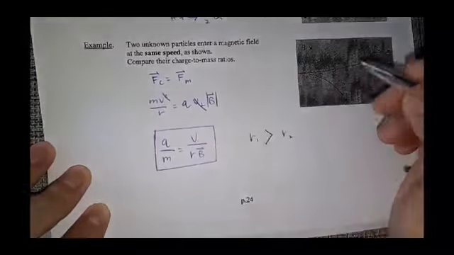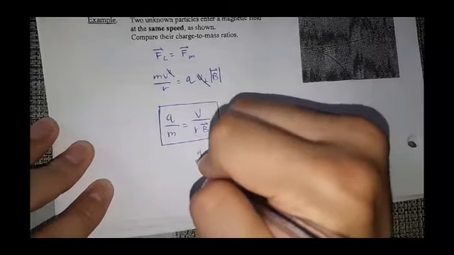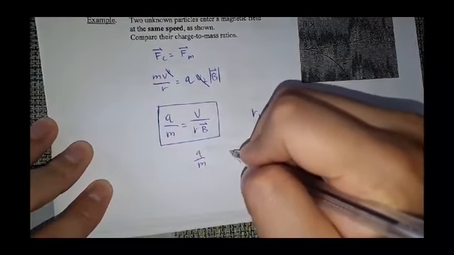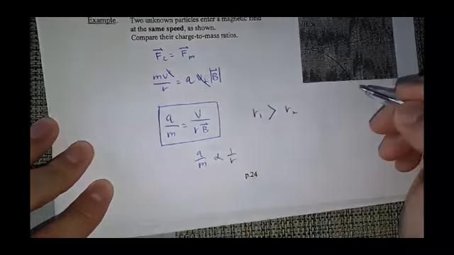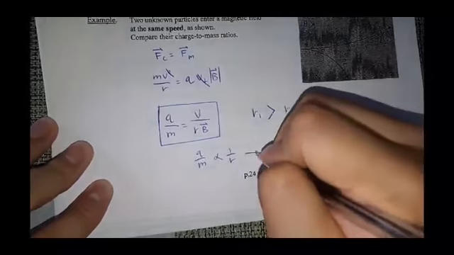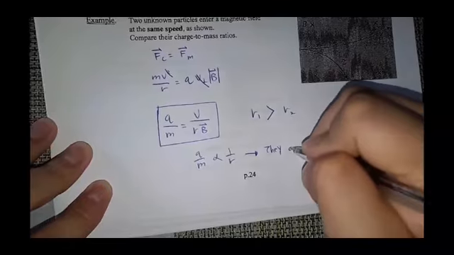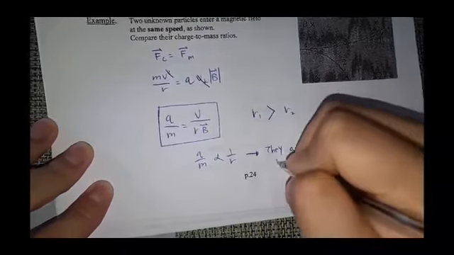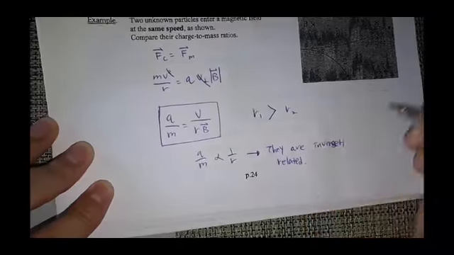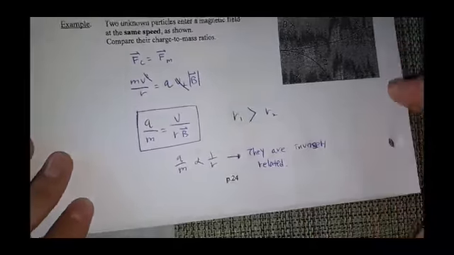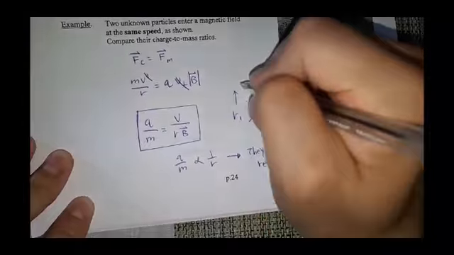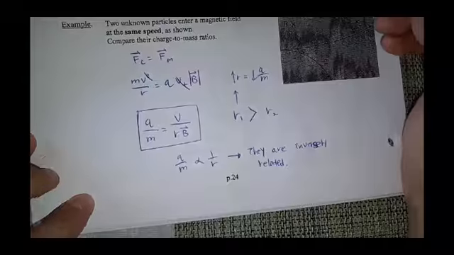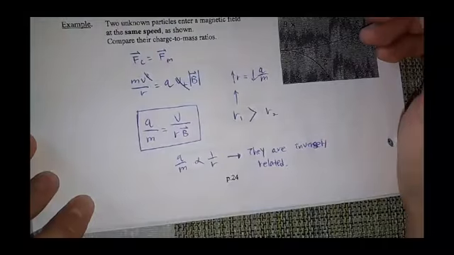If you look at this whole situation, charge to mass ratio is inversely related to R. That means if we have a larger R, we have a low q over m situation.